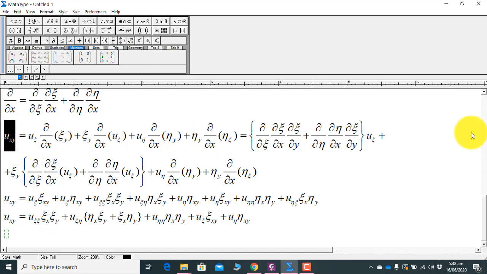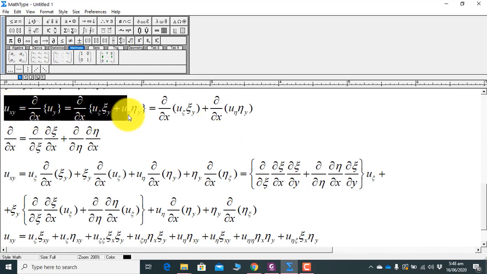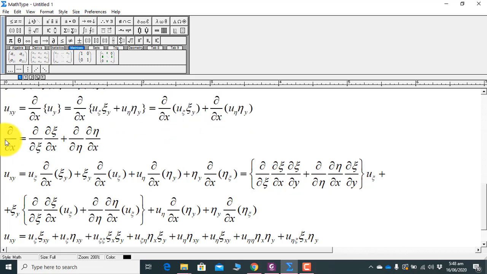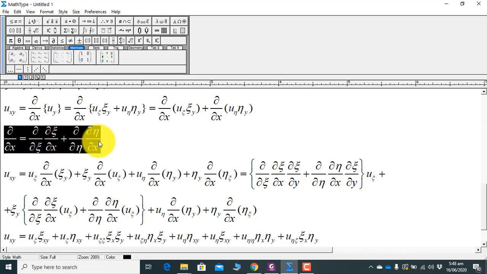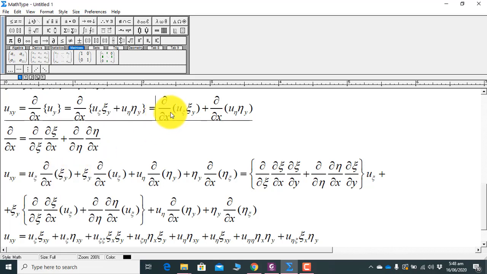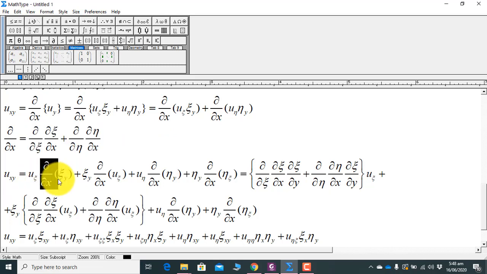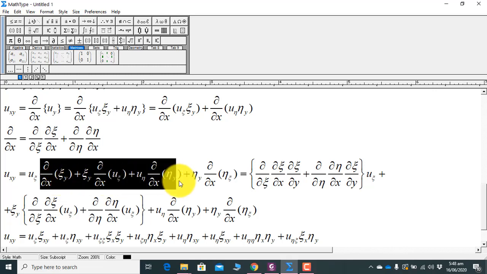What you have done, you have actually calculated it by definition. uxy was partial over partial x of uy, in terms of xi eta was that, and you had distributed the partial derivative. Now partial over partial x in the chain rule can be written like that. Now uxy will be this with respect to those terms, there are two terms, so u xi will be there, partial over partial x of that, plus you are having actually the product rule.